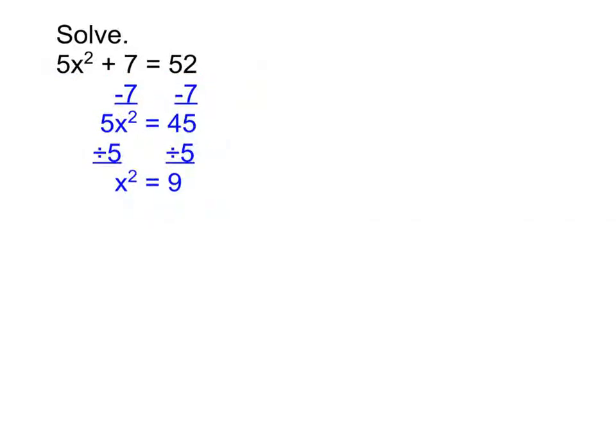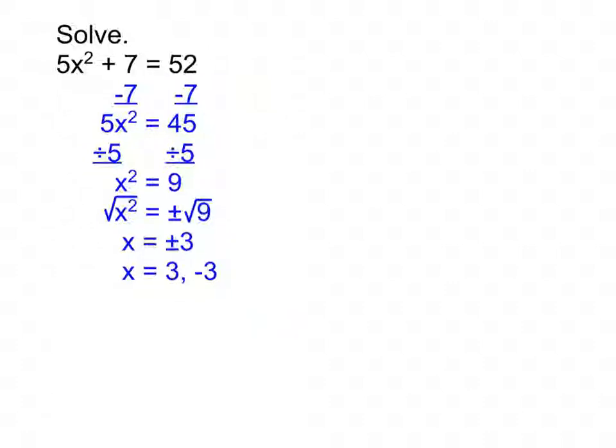If you do that, this is what your work's going to look like just to get the x squared by itself. We then need to get rid of the squared, which of course means doing the square root of both sides. When you do that, let's focus on some details. I write the square root over both sides at this point, and when I write the square root, that's when I write the plus or minus in.